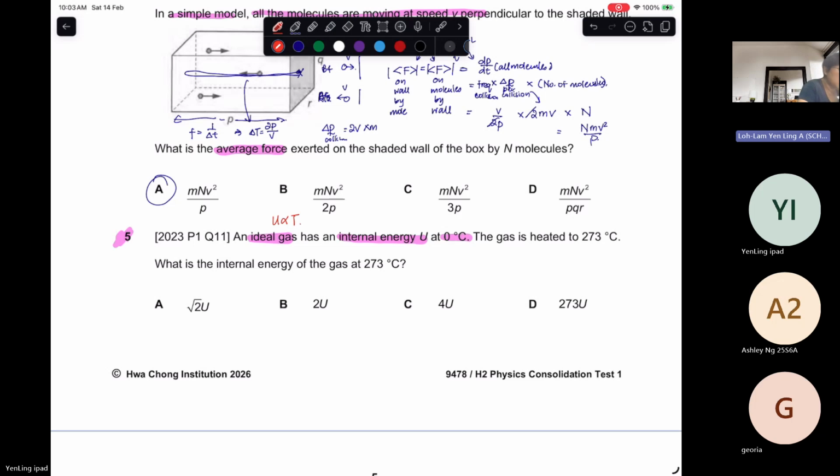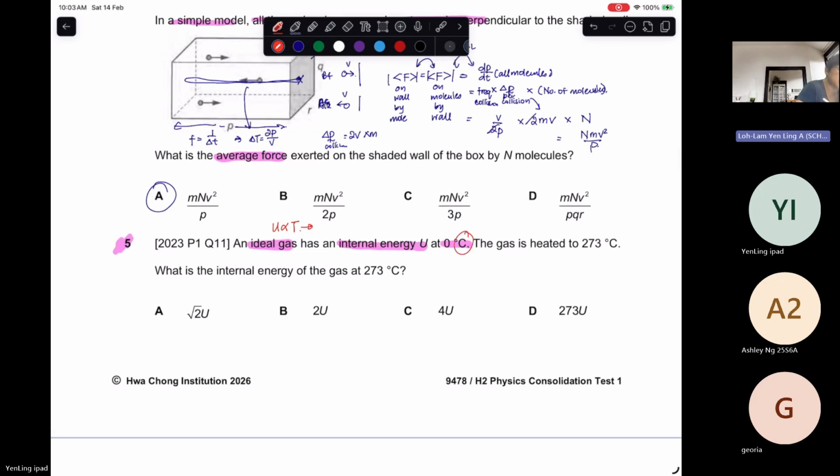Two scenarios. The key idea is this temperature is given in Celsius. You need to convert to Kelvin. Remember, it's proportional to the thermodynamic temperature.